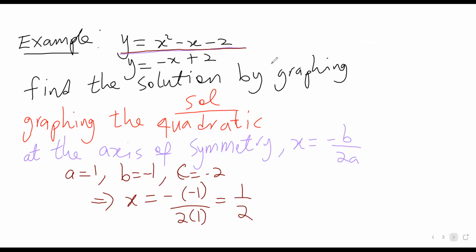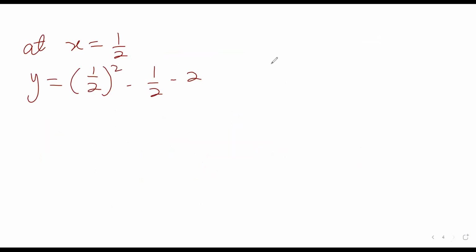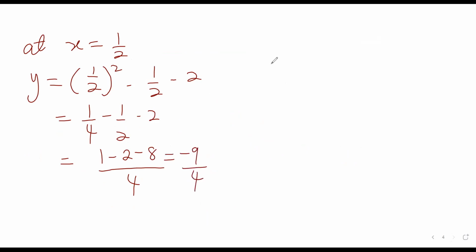So wherever we see x, we put 1 over 2. Okay. So if we do this, then we will end up with 1 divided by 4 minus 1 divided by 2 minus 2. If you're not using a calculator, you know that 2 is a factor of 4, right? So you can just use 4 and 1 minus 2 minus 8, which gives you negative 9 divided by 4. And if you want to use decimals, then you can say y equals negative 2.25. You can check with your calculator.